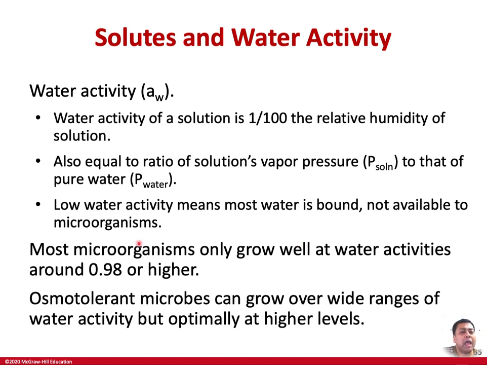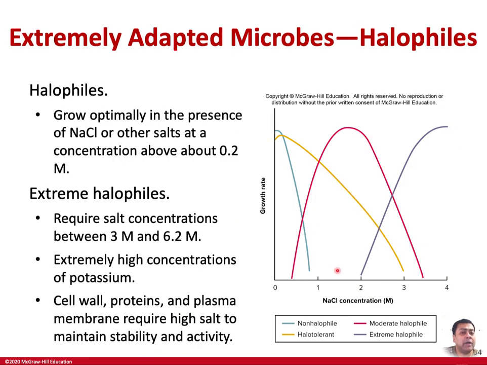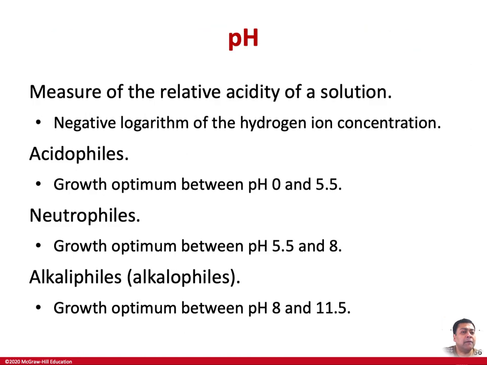So as the water activity goes down, as you attain the higher sodium chloride concentration, the water availability is going down. This is great for the halophiles. For most of the bacteria, as you decrease the available water, the growth rate will significantly suffer.